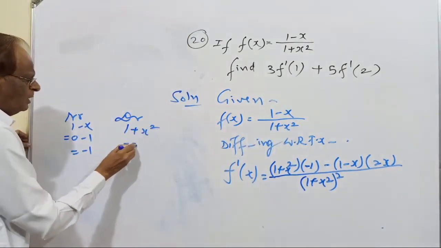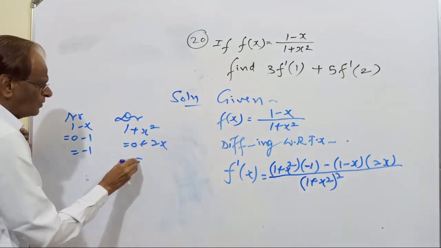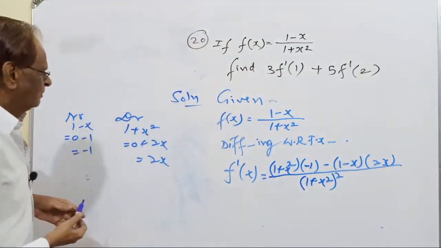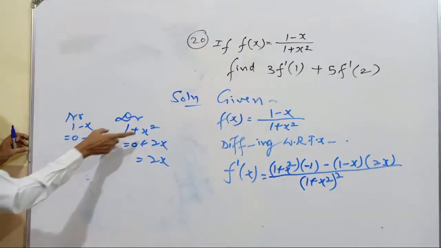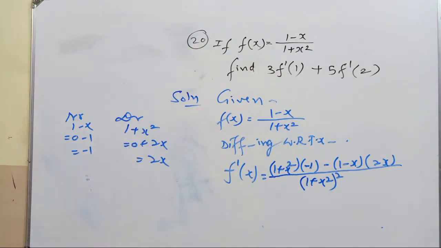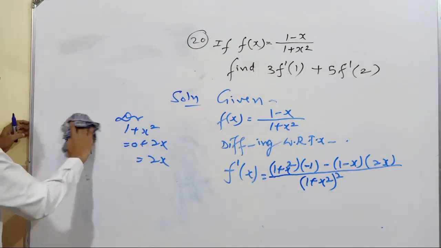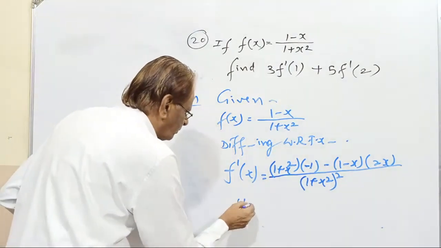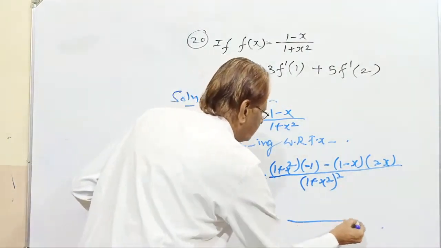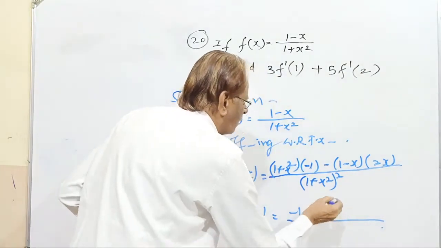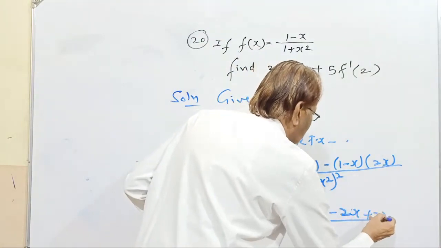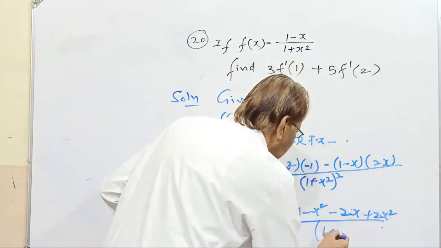If you differentiate, 1 differentiation 0, x squared differentiation 2x, it is 2x. So f dash x equal to minus 1 minus x squared minus 2x plus 2x squared by 1 plus x squared whole square.